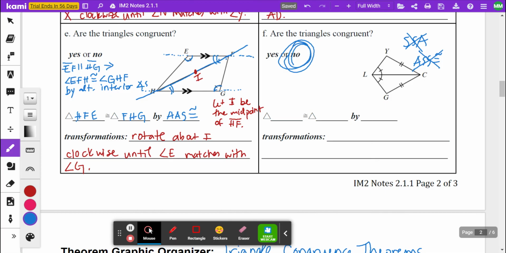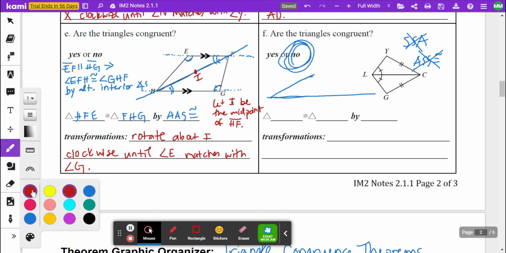So check out this triangle. I'm going to draw a line here, like so. And I'm going to have the third edge be here.